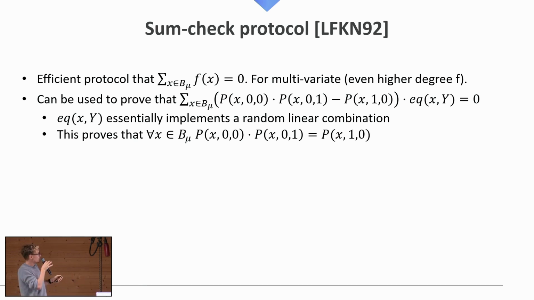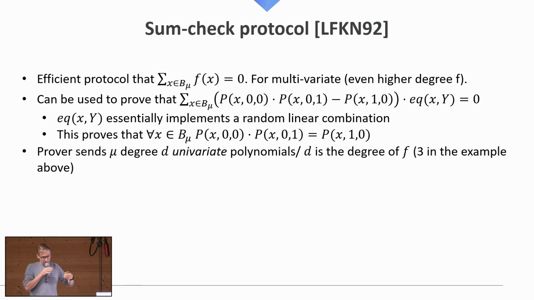What this does is it ensures that the only way to satisfy this formula with high probability is if every single gate is satisfied. So if I can prove this sum here, which is just a more complicated way, I can replace this to become my f of x, and then basically this gives me a 0 check.